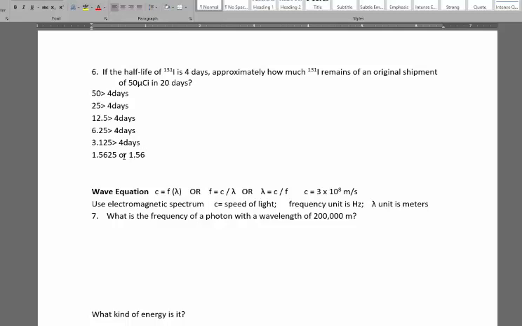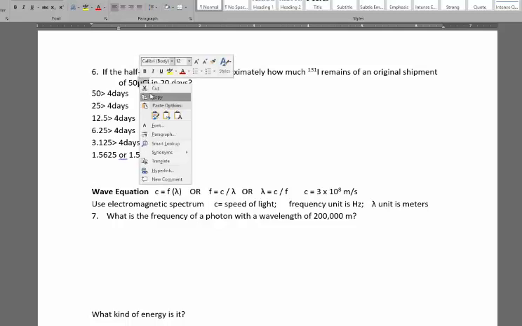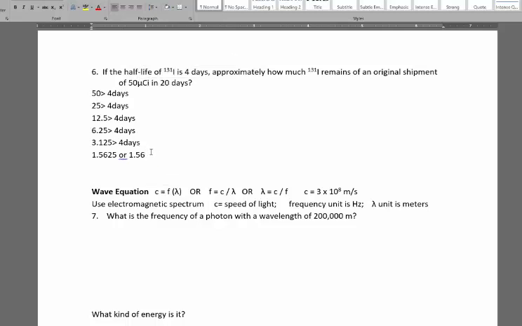And make sure you include the unit at the end in any math problems that you do. And whenever you are doing math on a test, always circle your answer so that the person grading your test knows exactly what your final answer was.